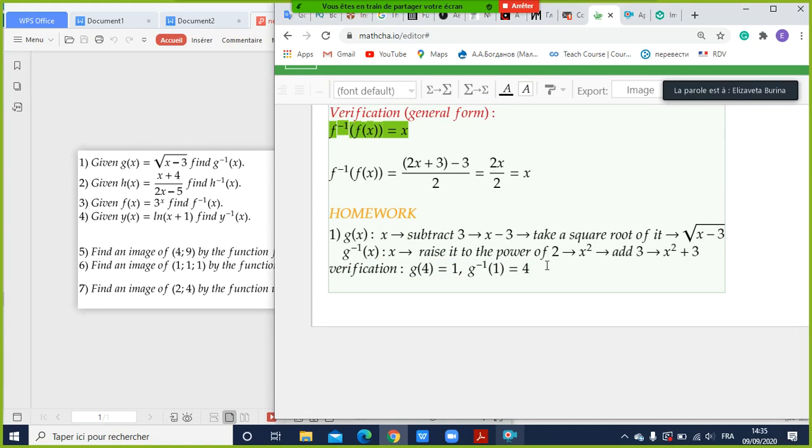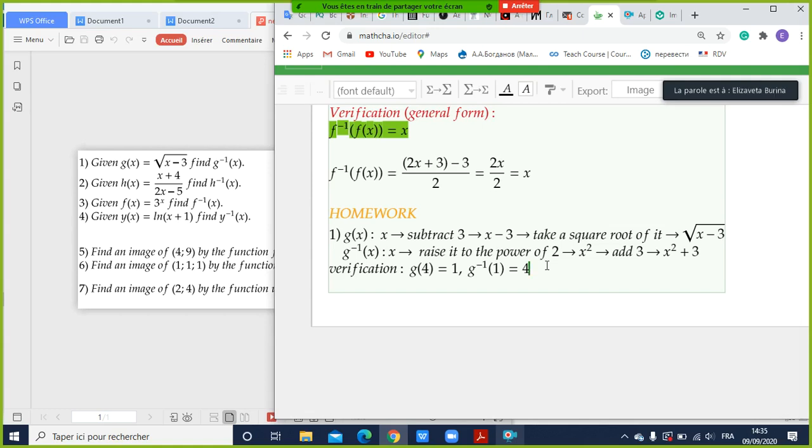Great, so we could do the verification in general, but I don't want to. Another thing here is that before taking the inverse, we were supposed to make sure that this function is a one-to-one mapping. We could do it just by looking at it, because it is a square root and we know that square root is a one-to-one mapping, or by plotting it.